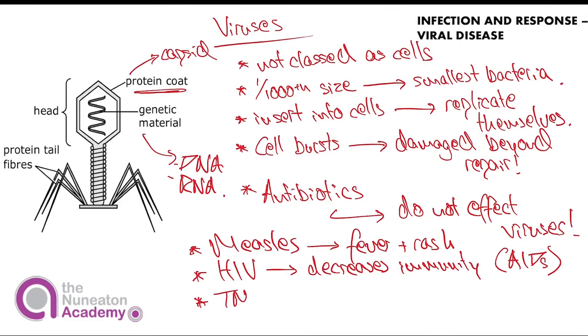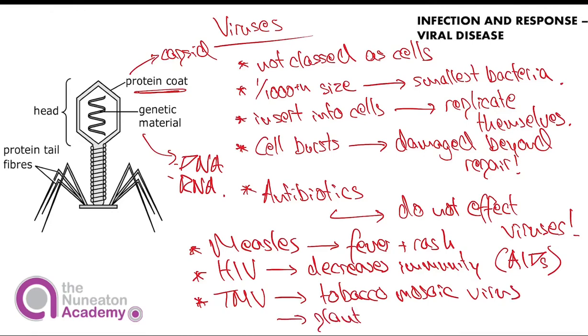The final one is TMV, otherwise known as tobacco mosaic virus. Now, TMV is in plants, and what it does is it basically causes sort of mosaic patterns on the plant leaves, because those parts of the plant leaves become damaged and they can no longer photosynthesize.